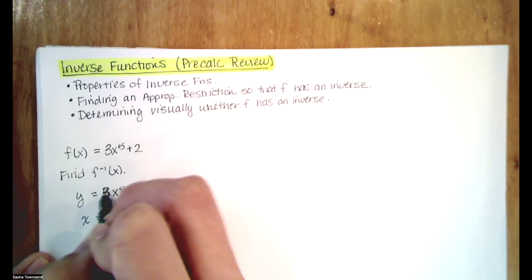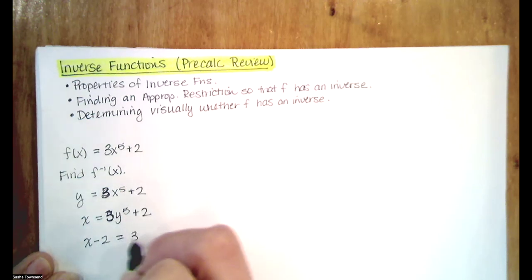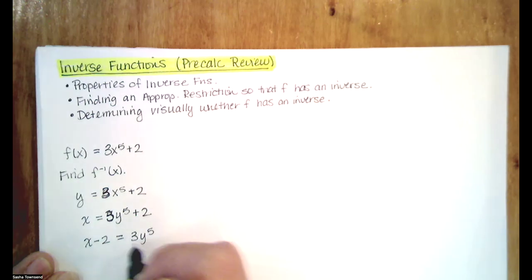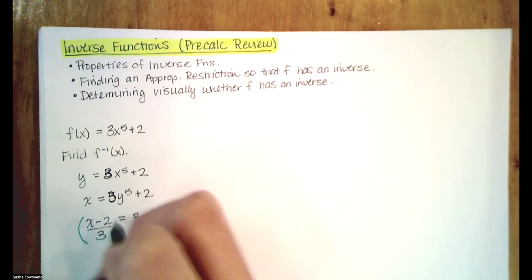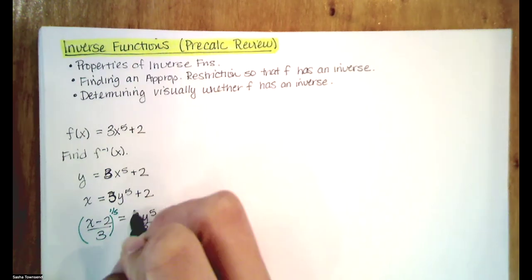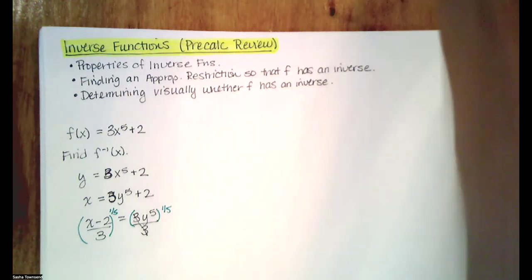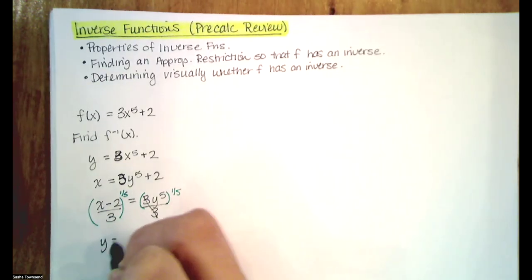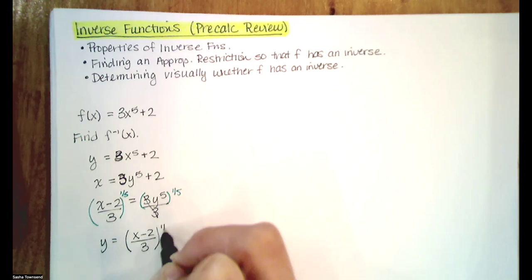Oops, there should be a 3 there. And then I divide by 3. And then to get rid of that fifth power, I take the fifth root. And so then we have y equals x minus 2 divided by 3 raised to the 1/5.